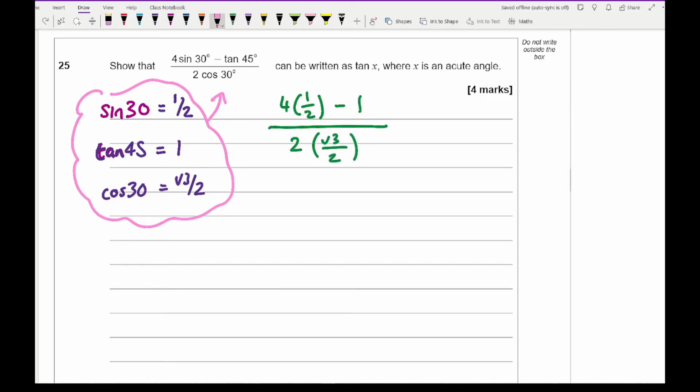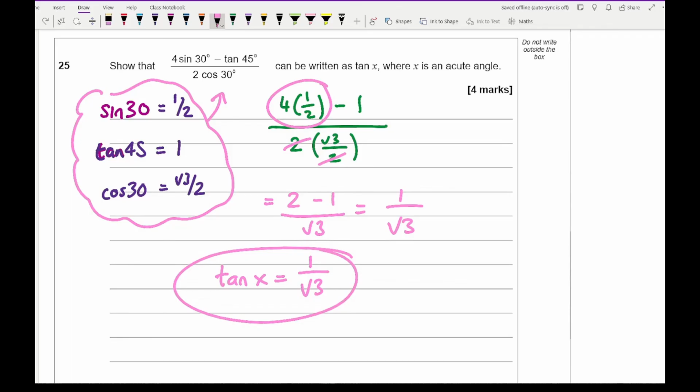Now simplifying this, what do we end up with? Well, 4 times 1/2 is 2, minus 1, is 1, and the 2s cancel out, so I'm just left with 1 over √3. Now using your exact values of tan, what must x be for this to be true? Well, therefore x must equal 30.